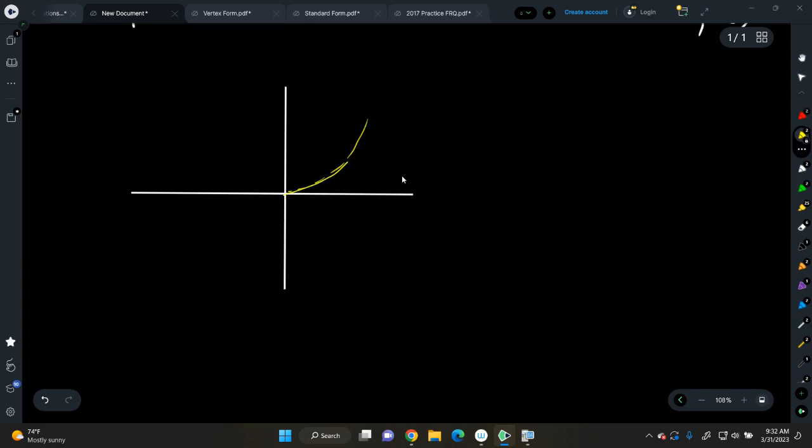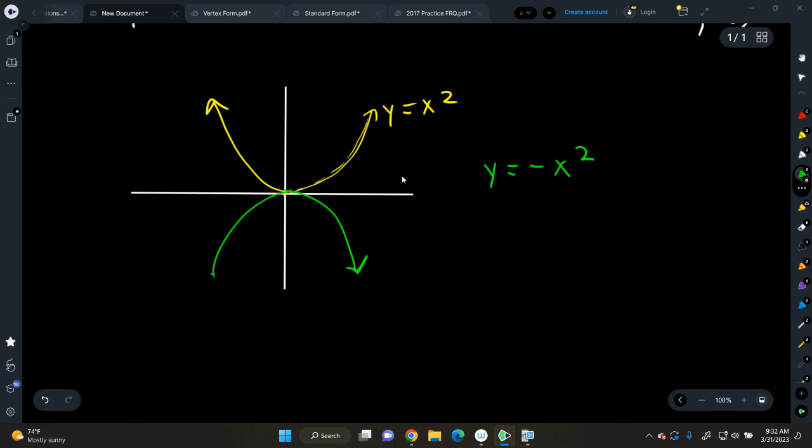That would be a sideways parabola. Yeah, so here's my y equals x squared. If I have y equals negative x squared, it's going to flip upside down. Okay, so if it's negative, it flips upside down.